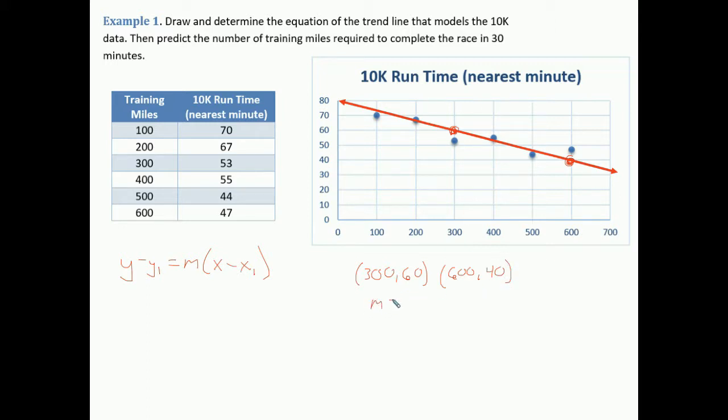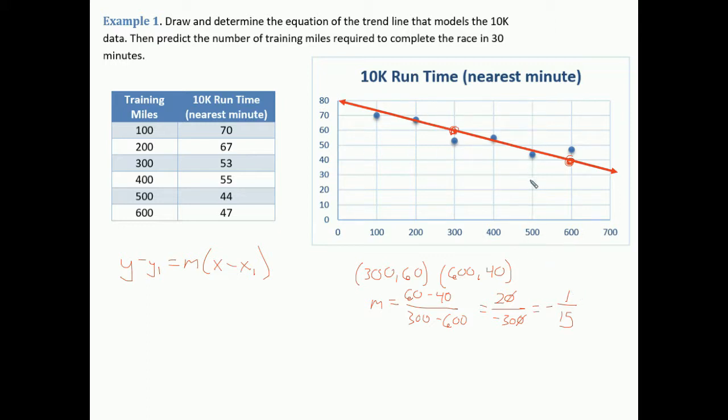So slope is y sub 1 minus y sub 2 over x sub 1 minus x sub 2, which gives us 20 over negative 300, reduced by 10, and then 2 goes into both of these, so we get a slope of negative 1/15, which makes sense.